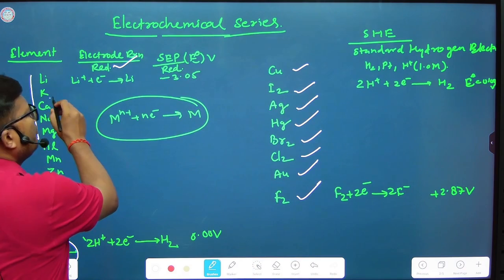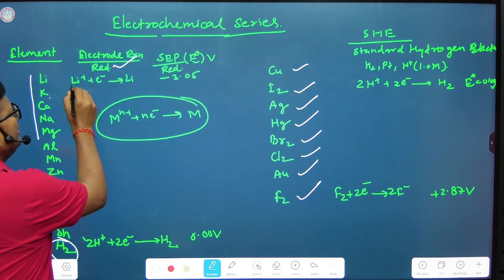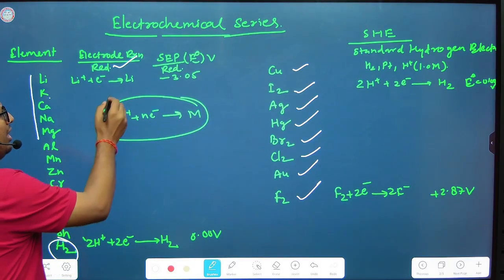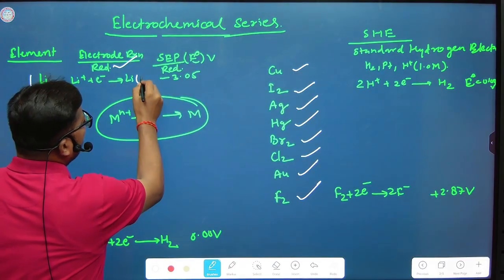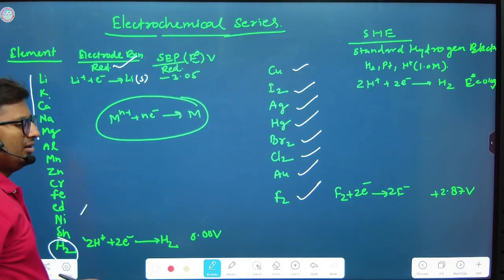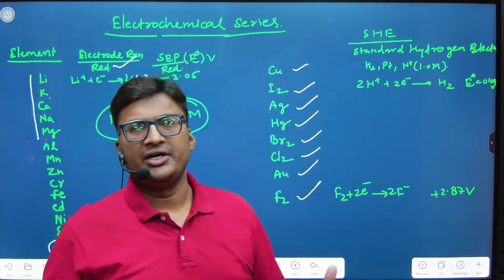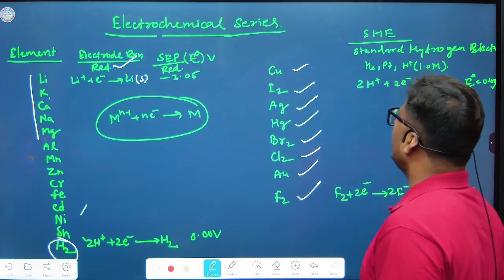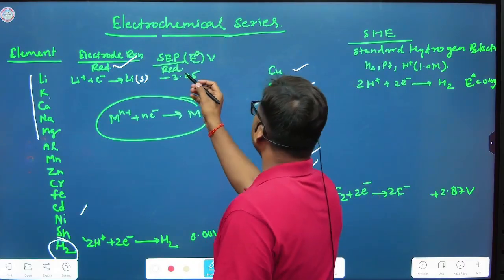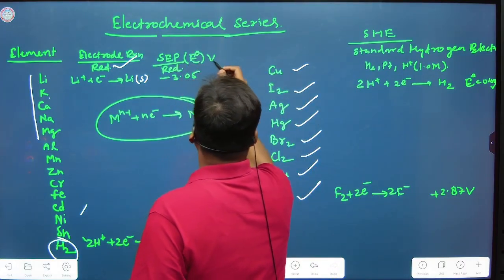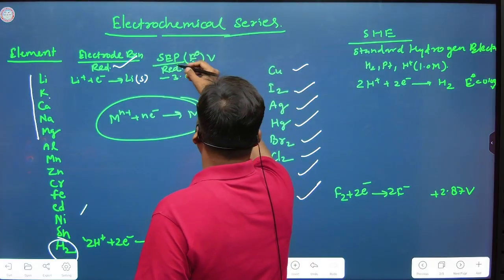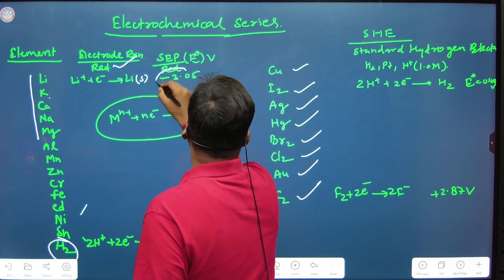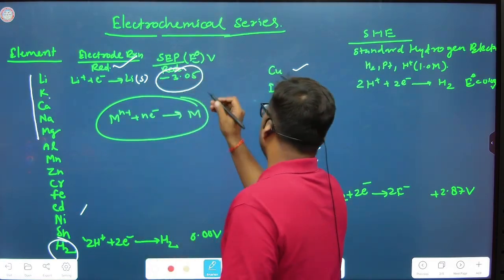Here first we have given lithium plus one electron, which receives it and is converted back to lithium solid, right? So here lithium shows reduction, so it has a standard reduction potential, or standard electrode potential, of minus 3.05 volt, right?